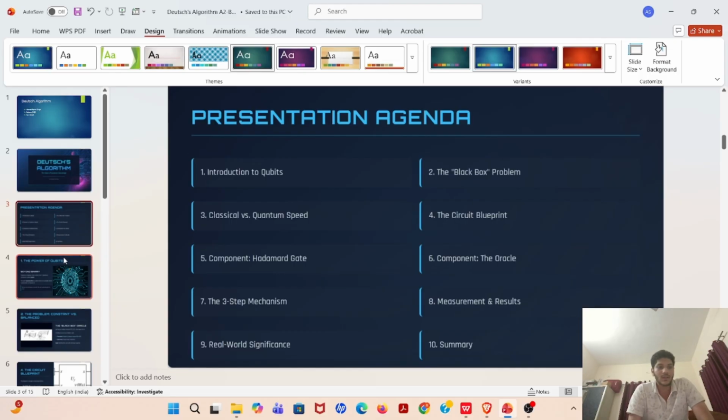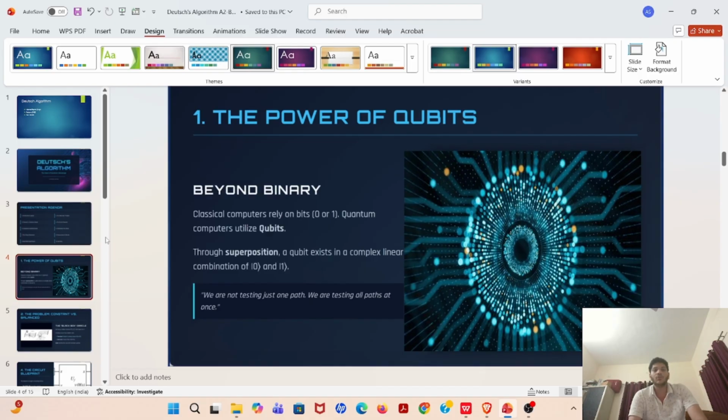So let us start with the power of qubits. First of all, what is a qubit? Classical computers rely on bits, 0 or 1, whereas quantum computers rely on qubits.